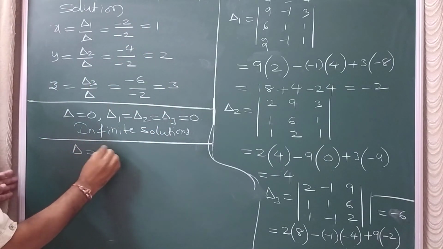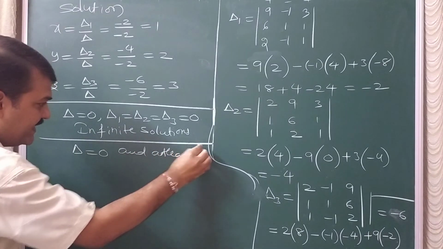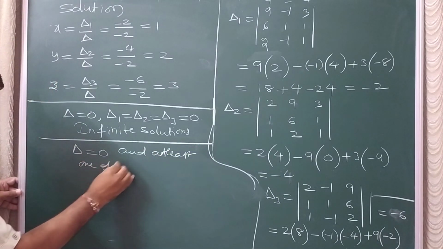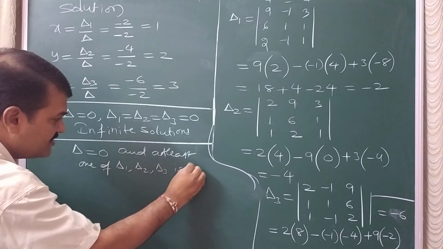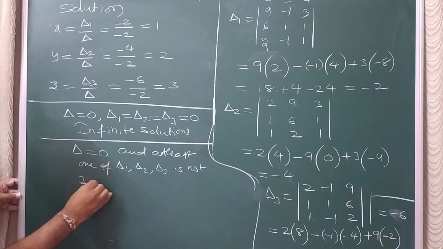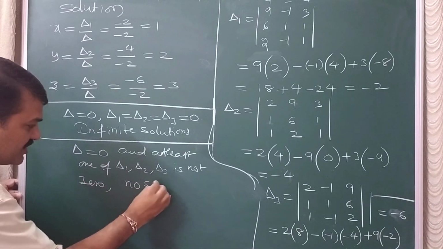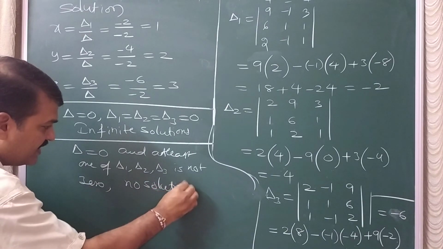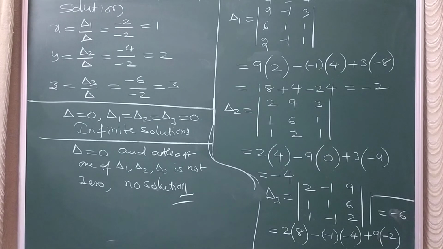So if delta is 0 and at least one of delta 1, delta 2, delta 3 is not 0, then you will get no solution. That is, you will not get any solution. So these rules also you can remember.